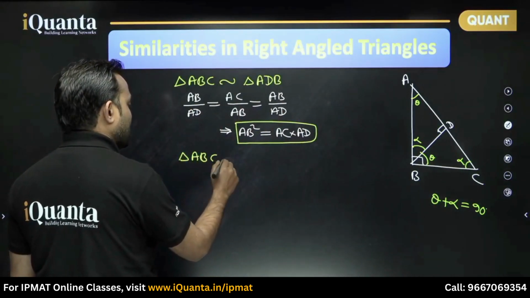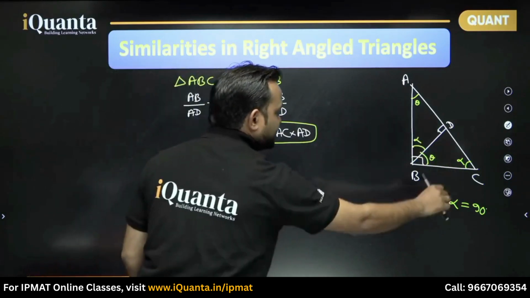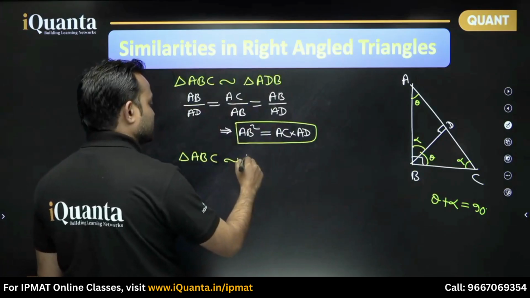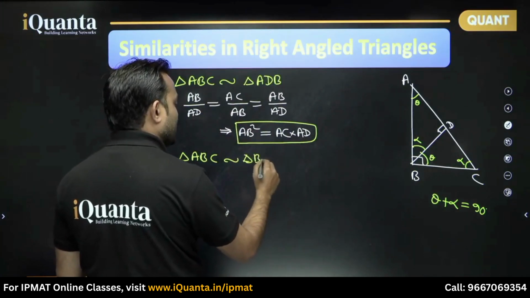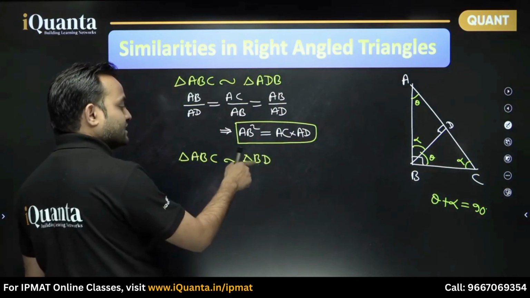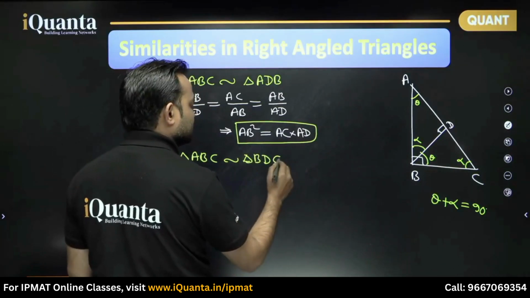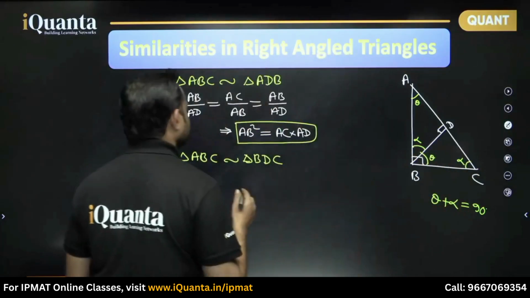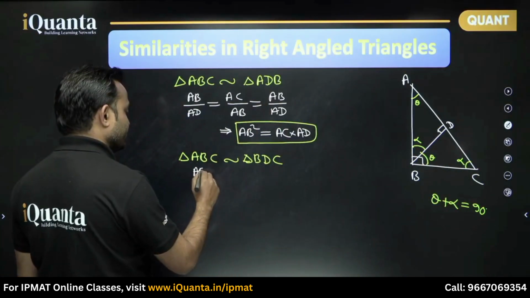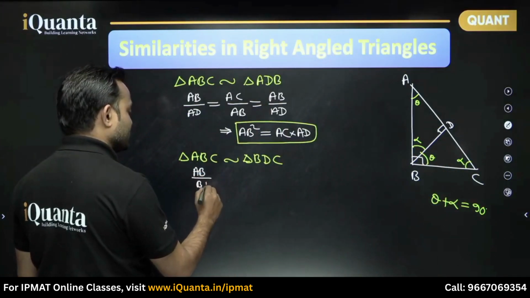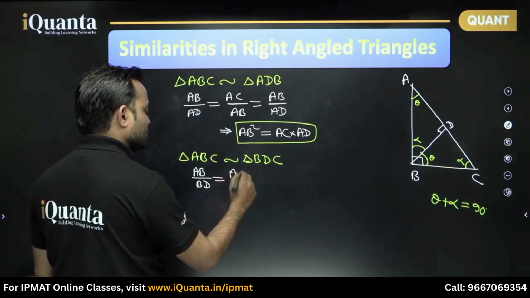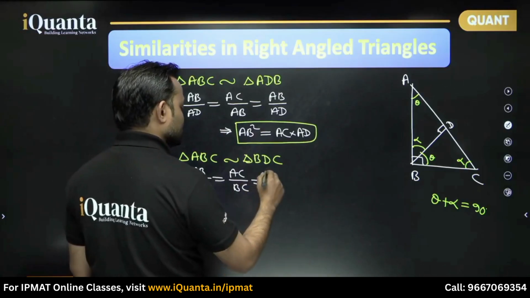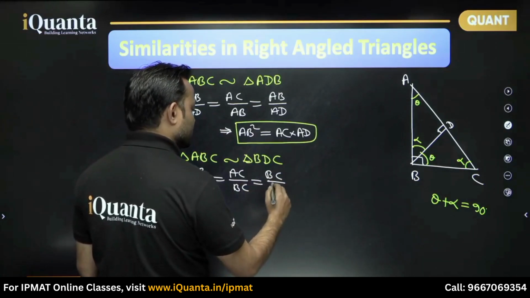ABC and triangle BDC, can we say angle A is theta, here angle B is theta. And angle B is 90 degrees here, angle D is 90 degrees. So it will be triangle BDC. Now from there, can we say that AB upon BD will be equal to AC upon BC, which will be equal to BC upon DC.